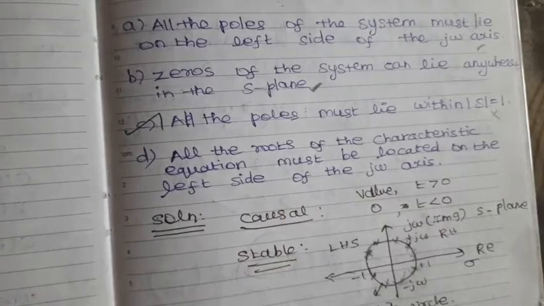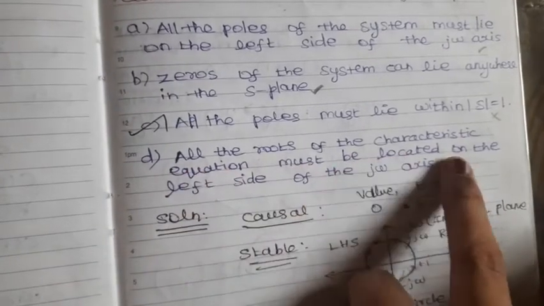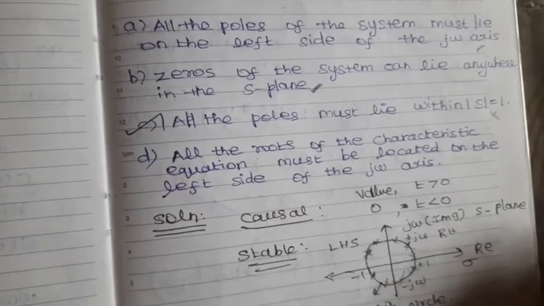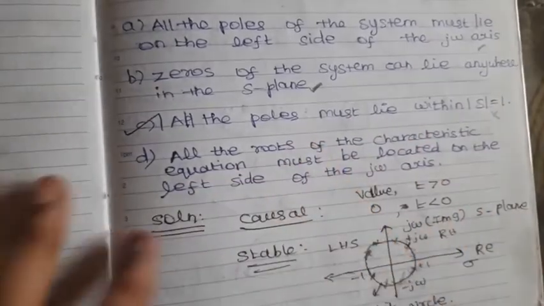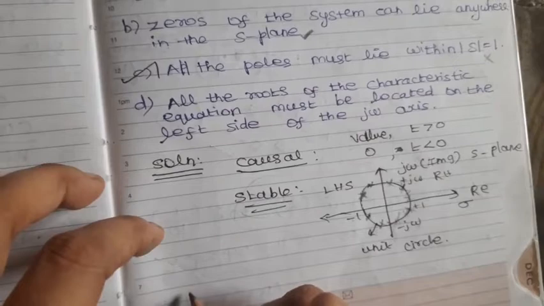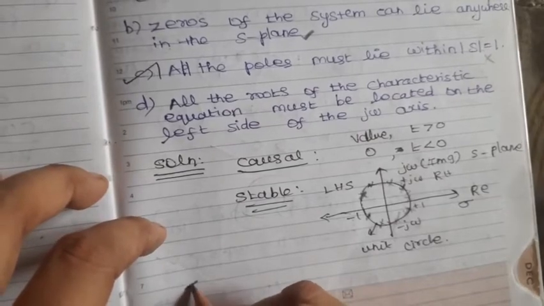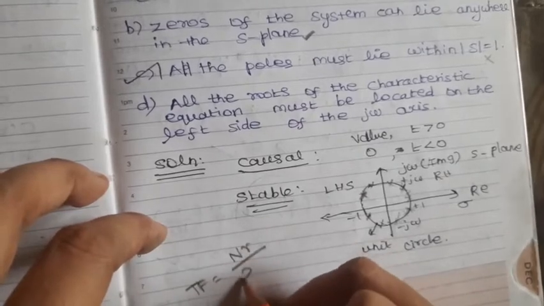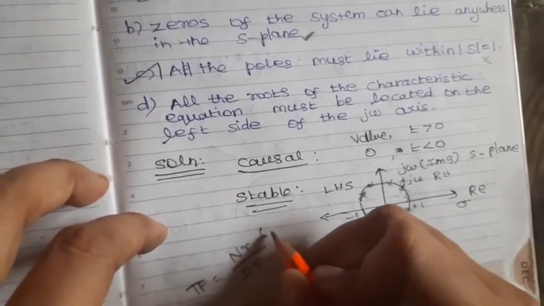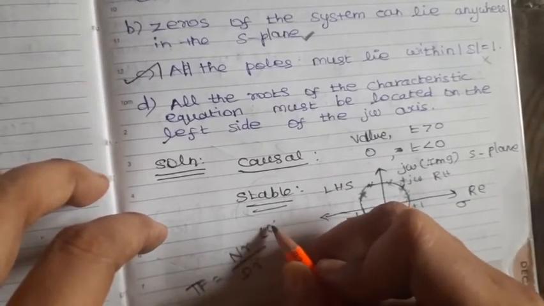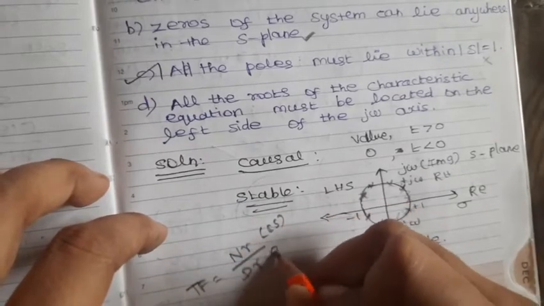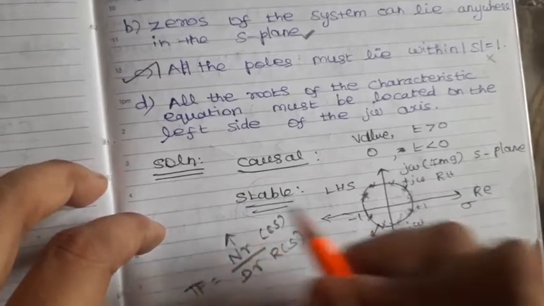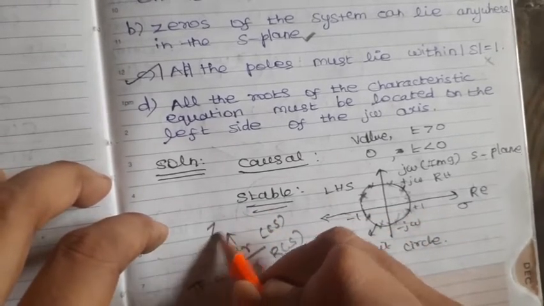What is given in D? All the roots of the characteristic equation must be located on the left side of the j omega axis. What is actually a characteristic equation? See, in a transfer function, one numerator term and one denominator term will be there, say C of S by R of S. The numerator represents the location of zeros.